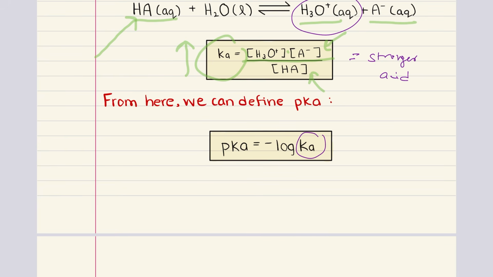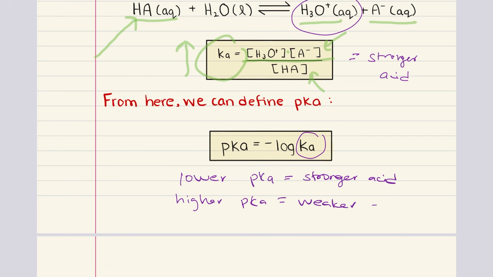With this definition of pKa, we have a different reference frame for strong and weak acids. A lower pKa value corresponds to a stronger acid, while a higher pKa value corresponds to a weaker acid.